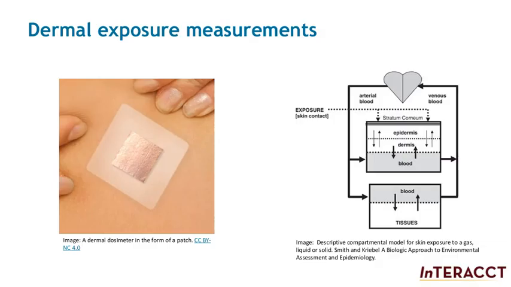Measuring the amount of a chemical on a skin surface provides a measure of external dermal exposure. Using modeling methods, the internal exposure can be estimated by making assumptions about the rate of migration from one compartment to another.